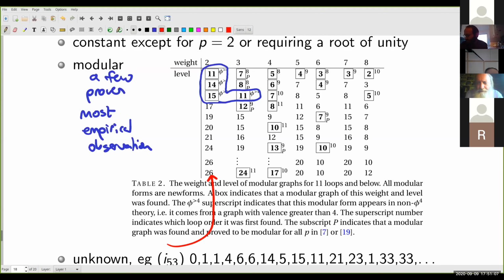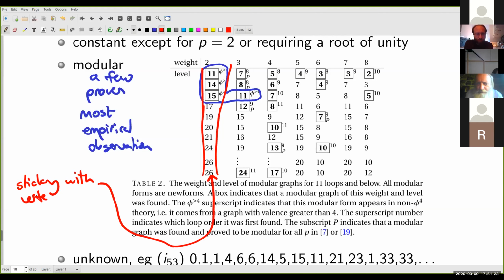So this column here, I've kind of marked it over, but remember, those ones were all ones that required vertices that were degree more than 4. So sticking with vertex degree less than or equal to 4, you get no elliptic curves.